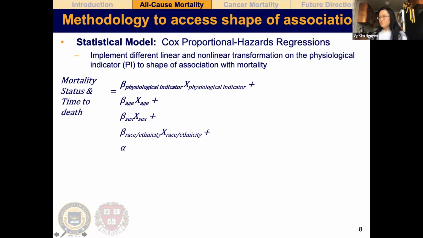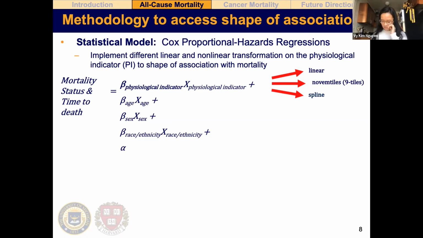The main predictor is the physiological indicator, and we adjust for age, sex, and race. For the physiological indicator, we have a few models. We leave it as is, and that helps us study the linear association. For the quantile model, this is where we break up the distribution into 9 pieces and then choose a group to be the reference group.